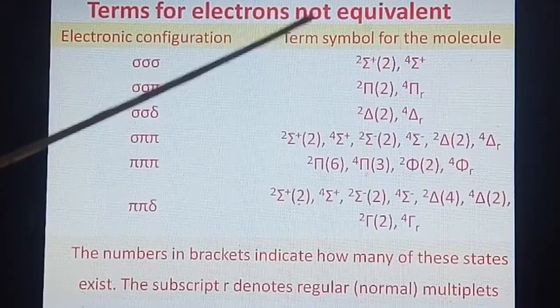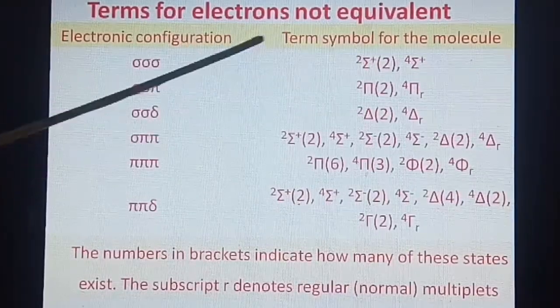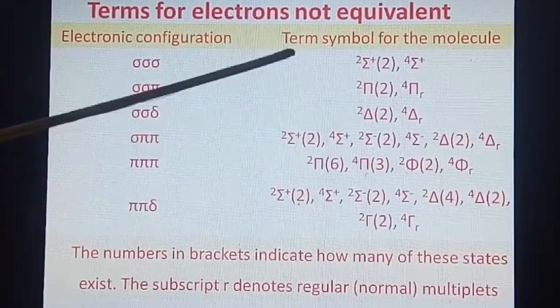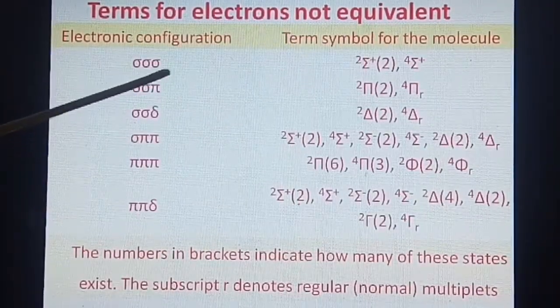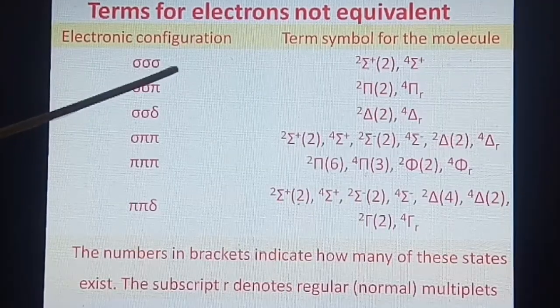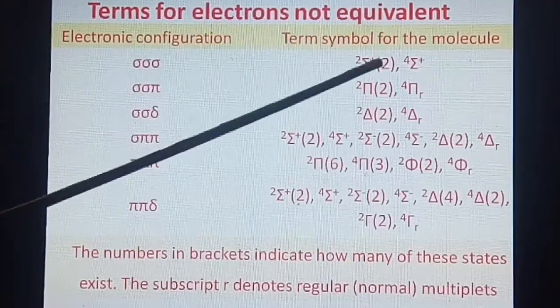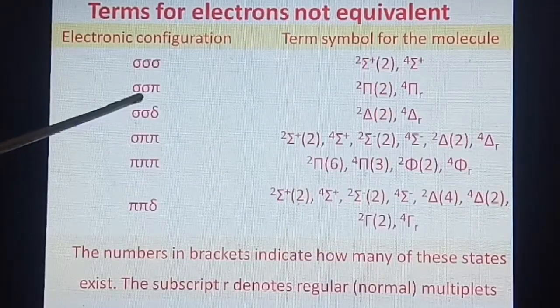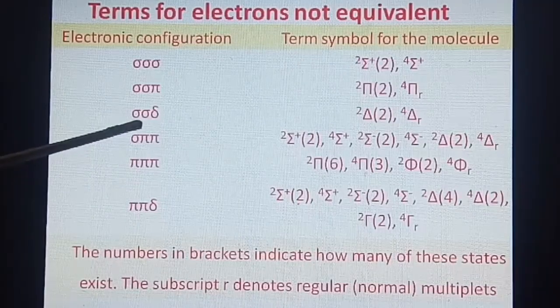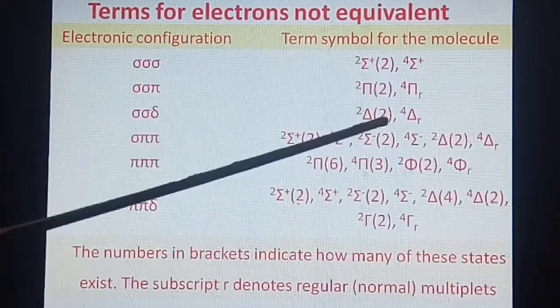Terms for non-equivalent electrons. It means when the electrons are not equivalent, the energy is different. If there are 3 sigma orbitals having different energy levels, then the term symbols will be there. 2 sigma, 1 pi, then the term symbol will be this. 2 sigma, 1 delta will be this.